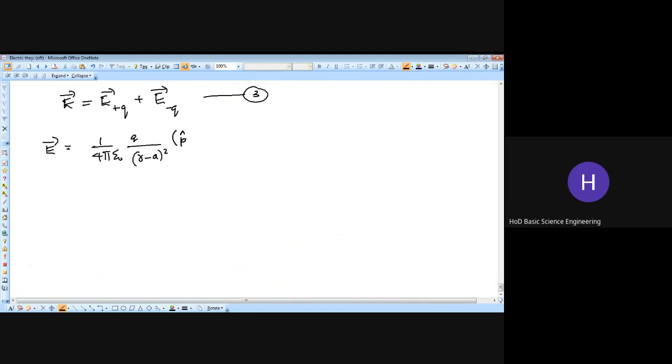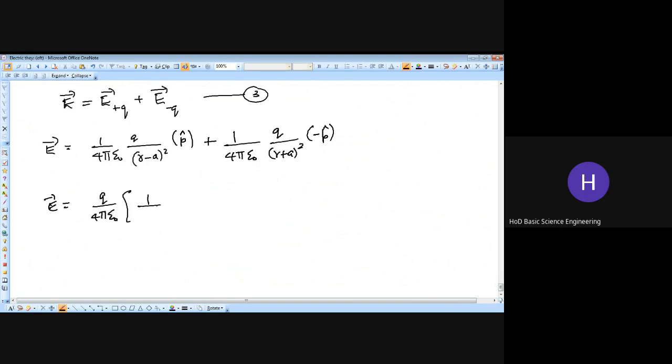One more step, plus E minus Q, that is 1 by 4 pi epsilon naught Q divided by (R plus A) whole square into minus P cap. Now you can take common terms outside. Here 1 by 4 pi epsilon naught is common. Similarly, Q is also common, so I will take Q by 4 pi epsilon naught as common.